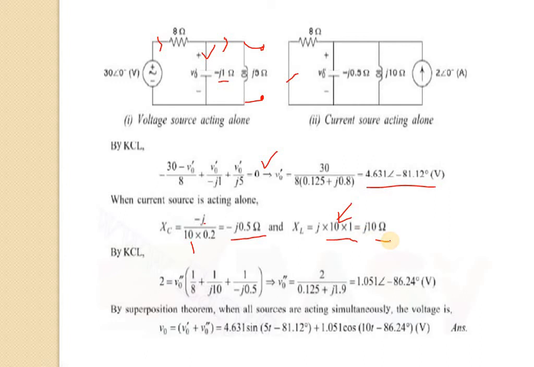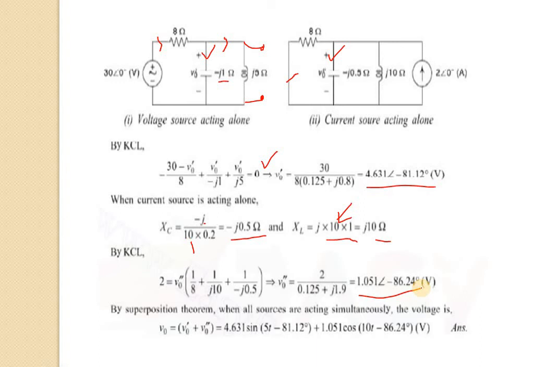Okay. Now by applying KCL we will again calculate the voltage across this minus j0.5 branch. Similarly we will calculate that, and we are getting the value of voltage as 1.051 angle minus 86.24 degree.